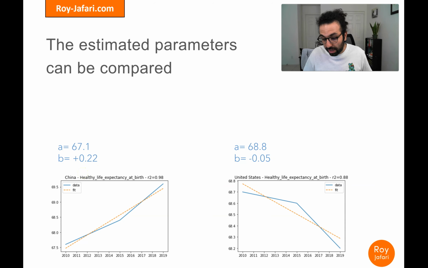Now we can compare that with the United States healthy life expectancy, which was above China before, 68.8, but it has had a very slow decrease. If you look at the sign, this was an increase, this was an increase, but this is a decrease. But the slope of change, which is a decrease, is not as fast as it was for China's increase.